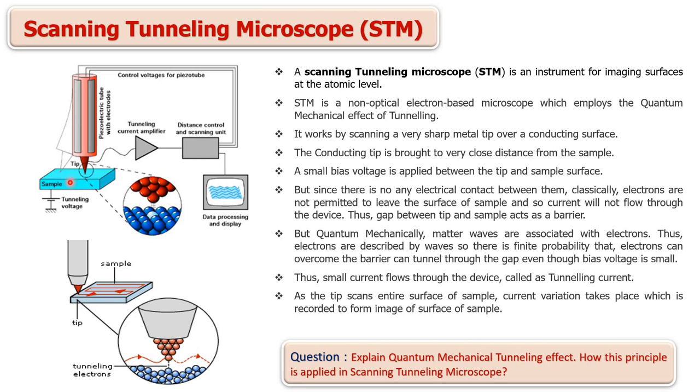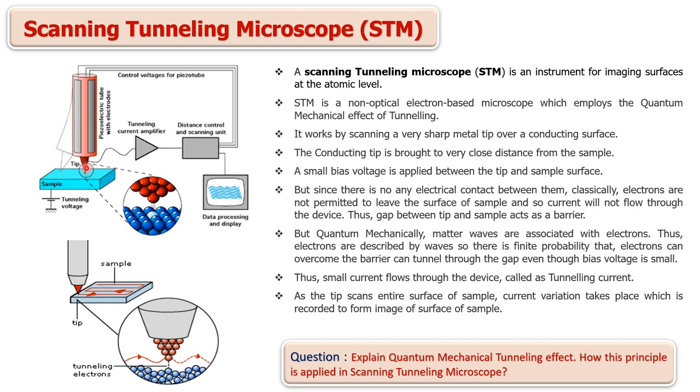So if we apply positive potential here, can the electrons present on the surface of the sample be attracted towards the positive potential and flow through this tip and this device? It is actually not possible, because no electrical contact is there between the tip and the sample.